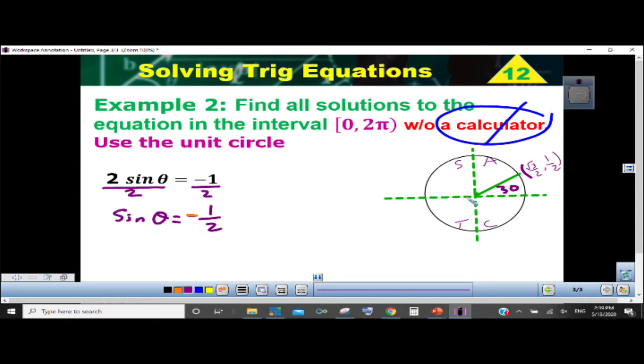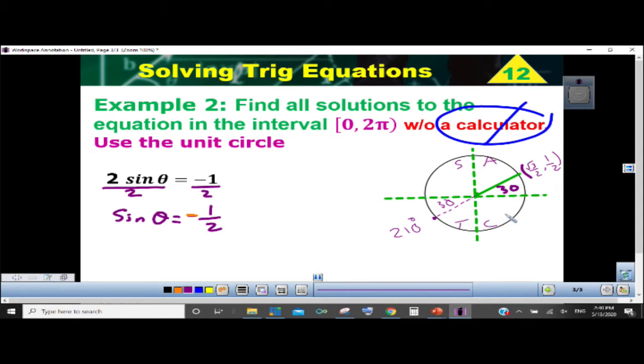Well, the sine is negative if you extend this line here, and remember this is your 30 reference angle, which will give you 180 plus 30, that's 210. That's a possibility.